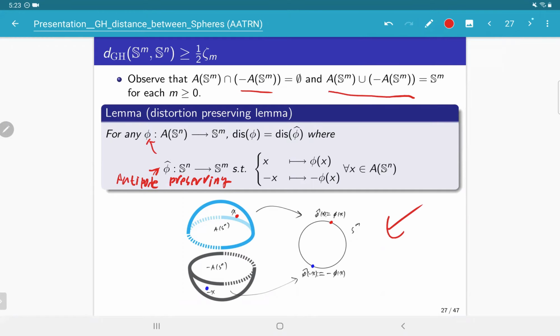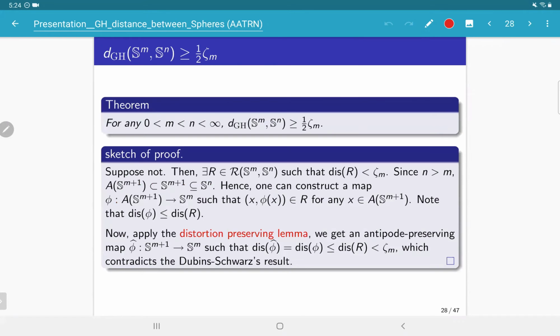Okay, so with Dubins and Schwarz's Borsuk-Ulam theorem and this technical lemma, finally, we are ready to prove that the Gromov-Hausdorff distance between S^m and S^n is lower bounded by 1/2 times zeta sub m. Okay, so let's prove this. Suppose not.